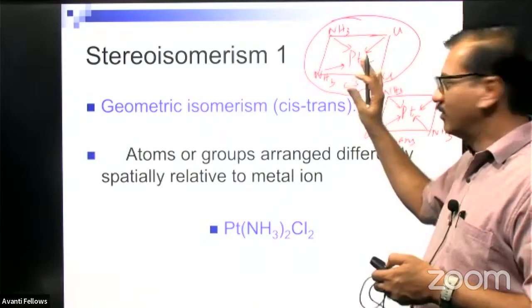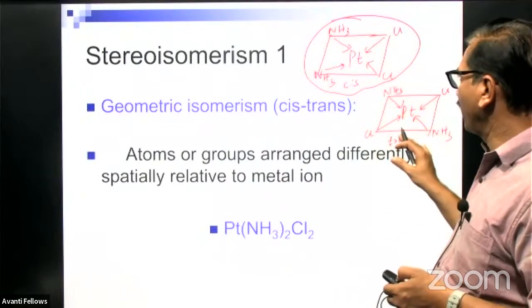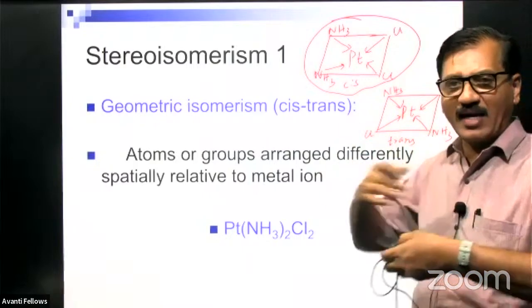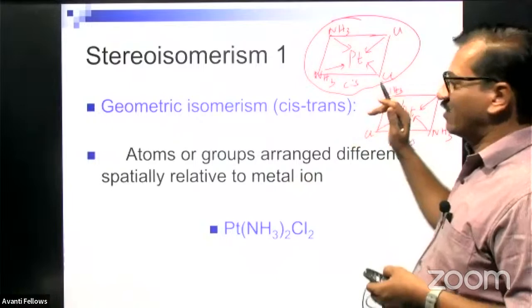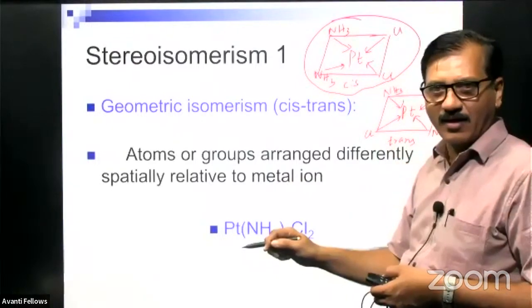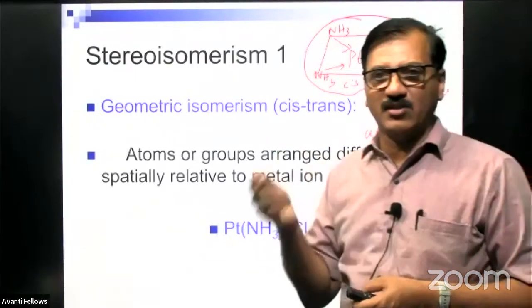Therefore, geometrical isomers are also important. Geometrical isomers arise because the spatial arrangement is different. All bonds are the same. Remember, platinum and ammonia, two bonds are there, the same bond. If the bonds were different, then it would be structural isomers.